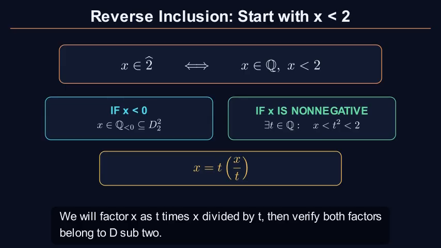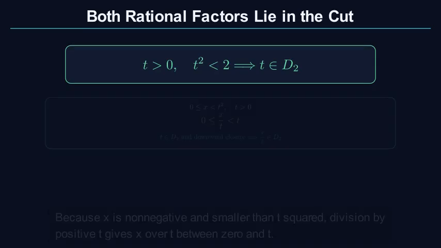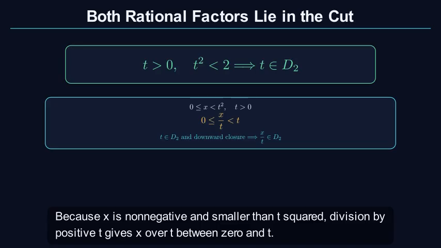We will factor x as t times x divided by t, then verify both factors belong to D sub 2. The first factor t is positive with square below 2, so it belongs to D sub 2. Because x is non-negative and smaller than t squared, division by positive t gives x over t between 0 and t.